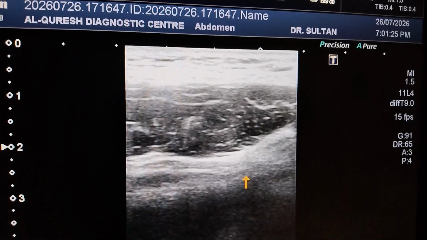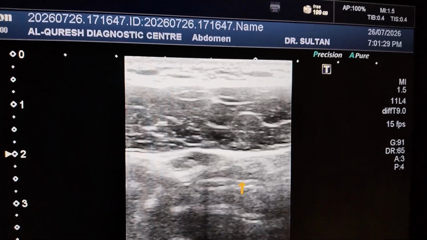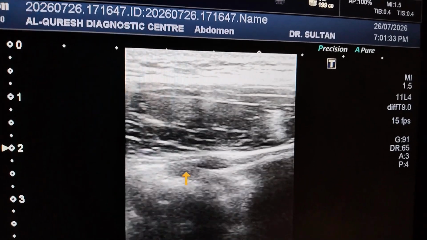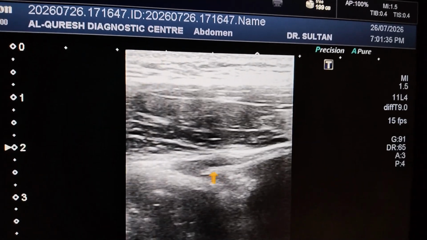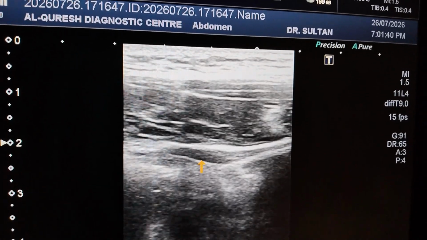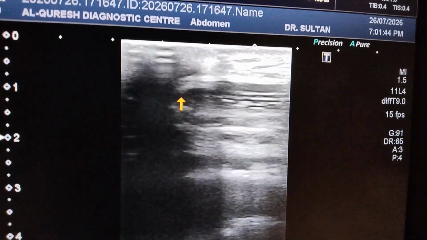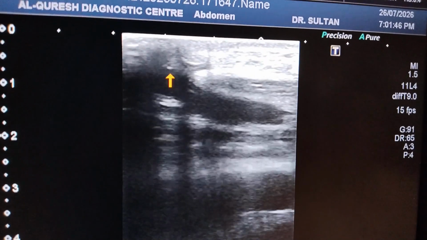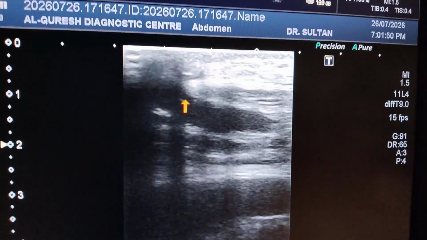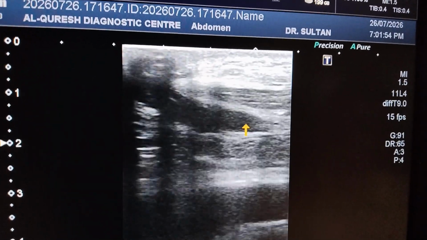So again, I am going to show you. This is the bladder end of the urachal sinus. This is the bladder, and this is the apex, and this is the sinus, and this is the umbilical end, and this is the sinus from the umbilical side.